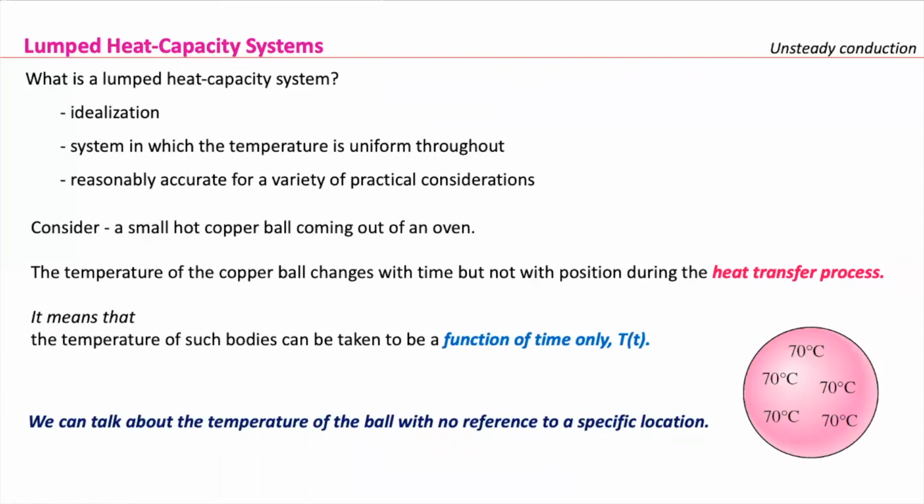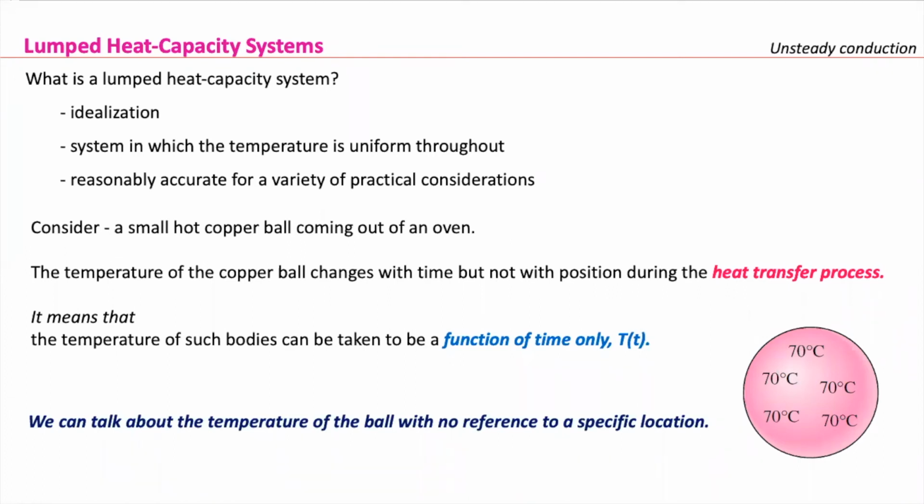Once we complete the evaluation of all the different methods we have for unsteady state conduction, we are going to solve a problem with all three main methods. And you will see how the lump heat capacity system gives fairly good results, and it's very simple to use.